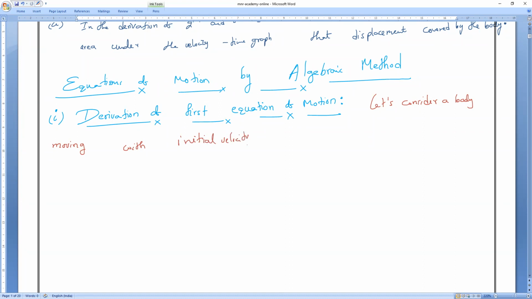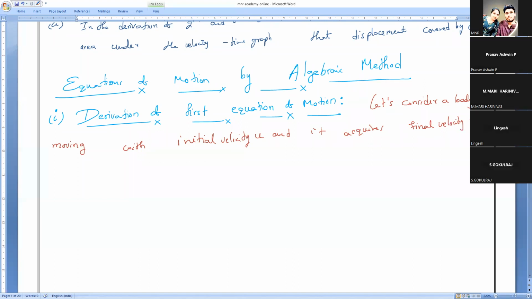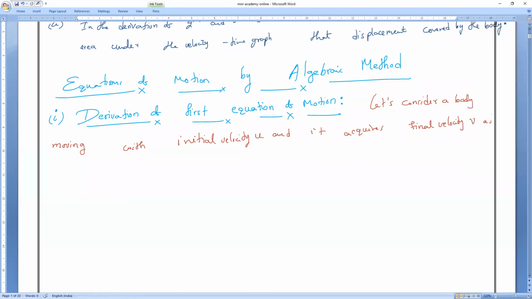U. And it acquires final velocity. Final velocity is V, after time t.